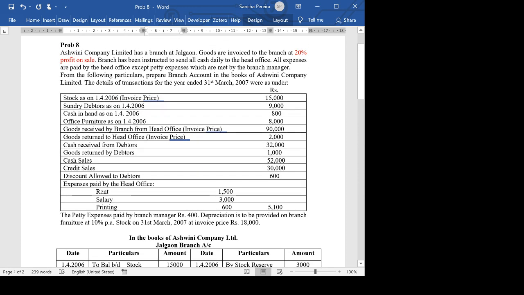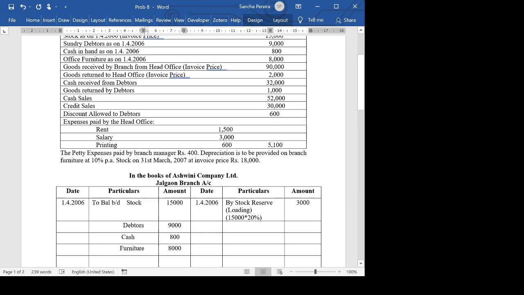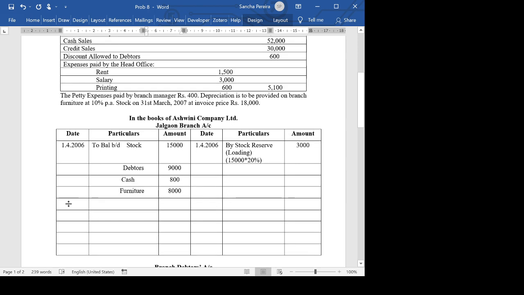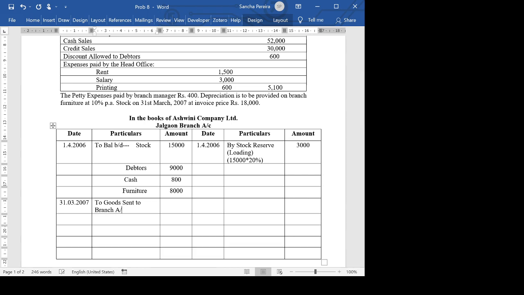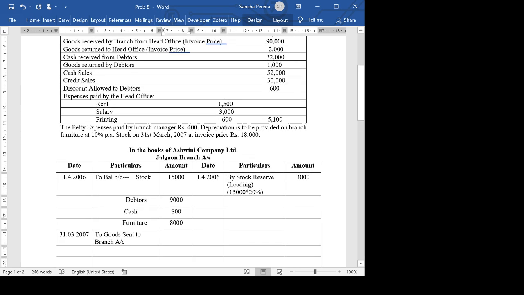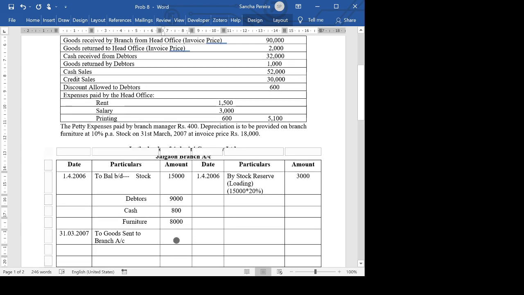So goods received by branch from head office at invoice price. This comes as on 31st March 2007. To goods sent to branch account, which is 90,000.